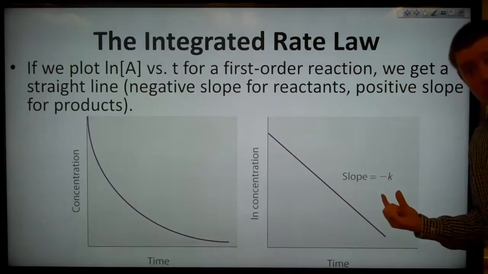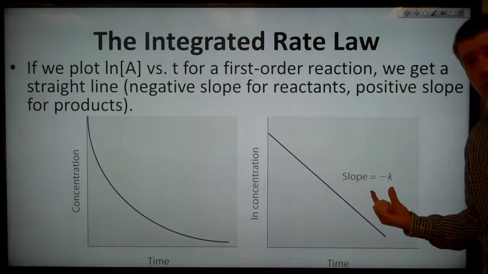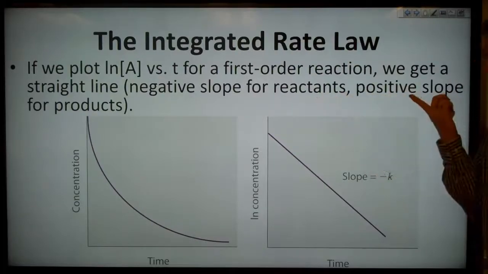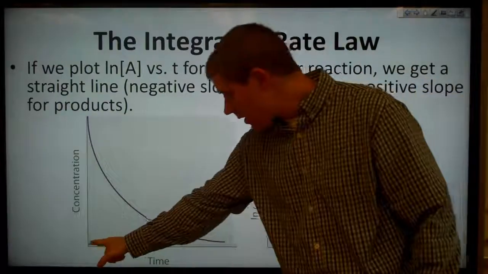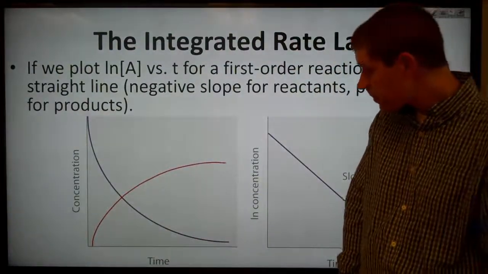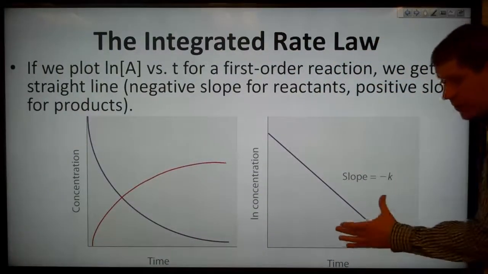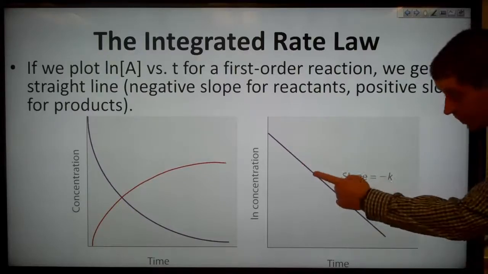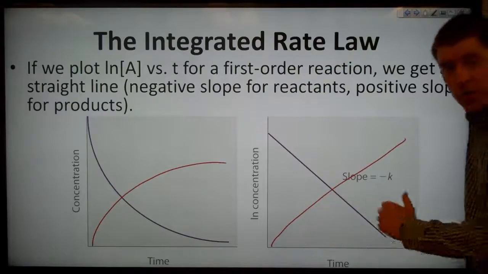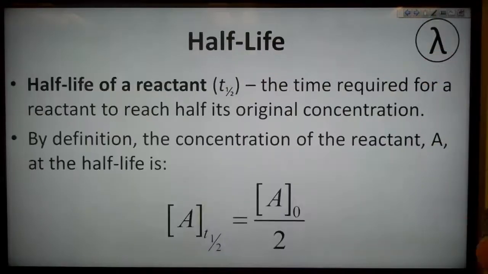Remember, k there is our rate constant, so this is the opposite of our rate constant. Note that we have a negative slope for reactants or a positive slope for products because the concentration versus time curve for our products would look something like this. And then for the natural log of that red curve, we'll get a straight line with a positive slope.